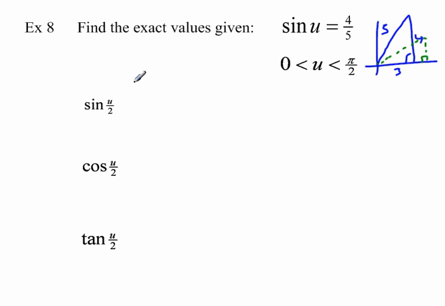Well, I'll start with sine. So sine would be plus or minus, and I'm not even going to write the plus minus because I can see sine, cosine, tangent are all going to be positive.